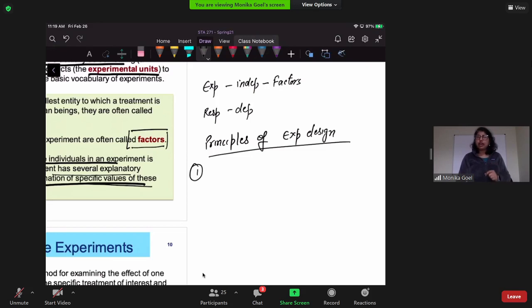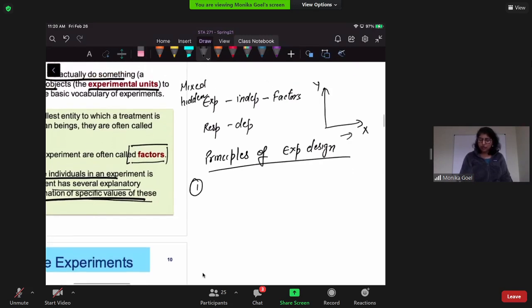First of all, as we discussed in chapter 2, we see confounding variables. And again, what is a confounding variable? Confounding variables are also called mixed variables, and lurking variables are called hidden variables, right? If I'm talking about x and y, x is my explanatory variable and y is my response variable.